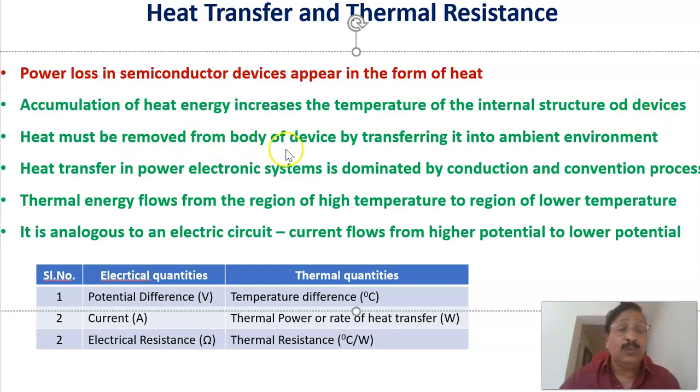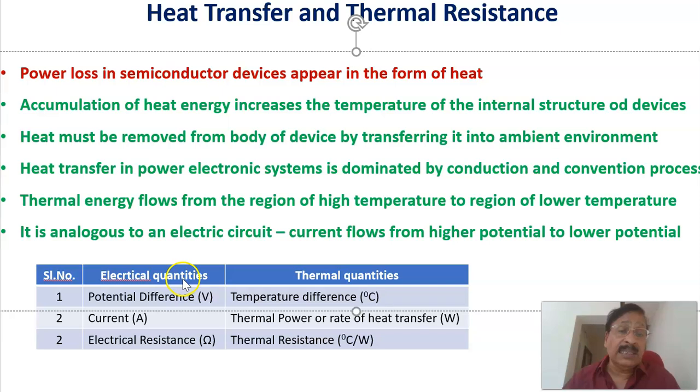Heat must be removed from the body of the device by transferring it into the ambient environment. Heat transfer in a power electronic system is dominated by conduction and convection processes. Thermal energy flows from the region of high temperature into the region of lower temperature. It is analogous to an electric circuit, where current flows from higher potential to lower potential. Similarly, thermal energy flows from the higher temperature to the lower temperature.